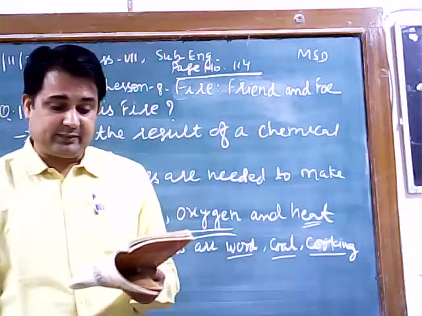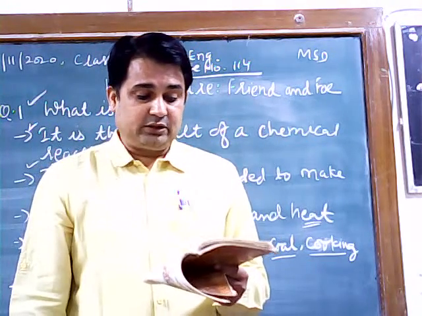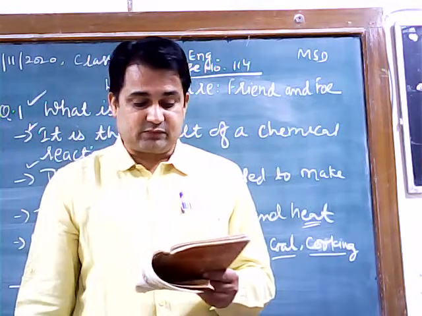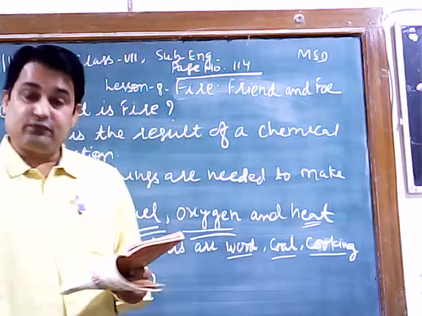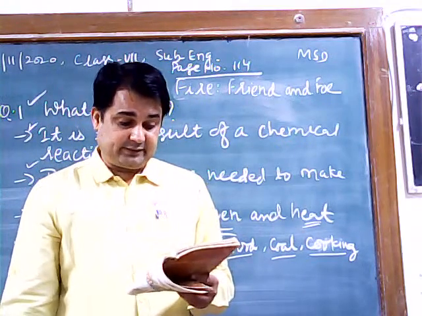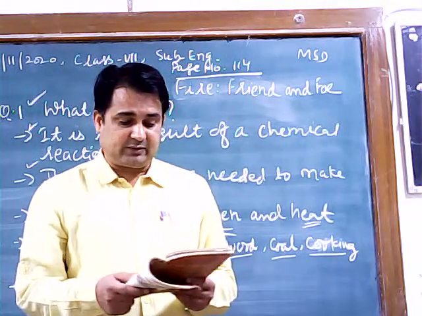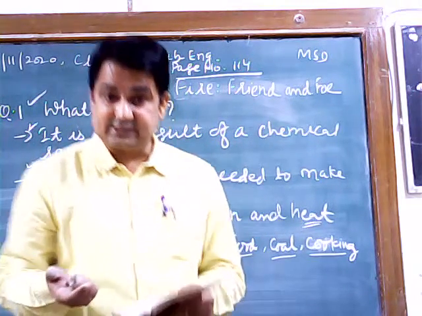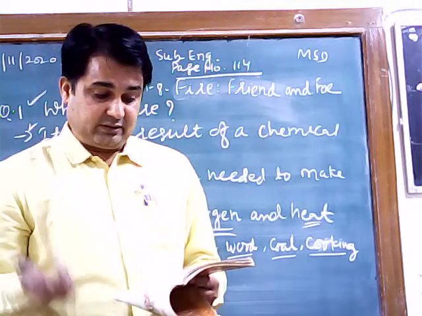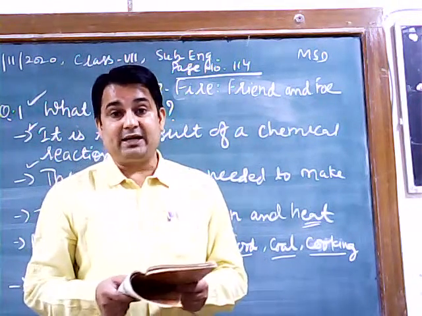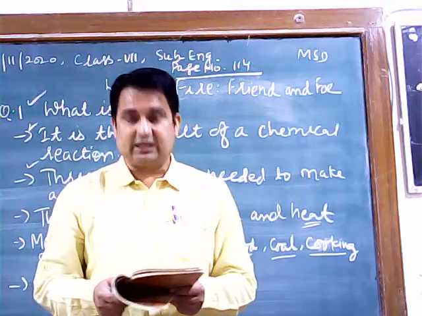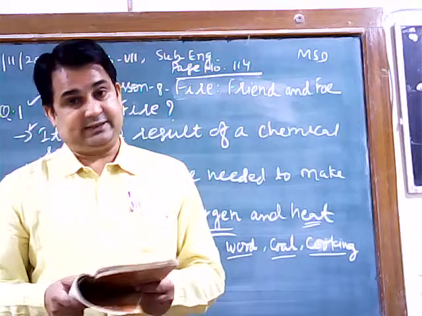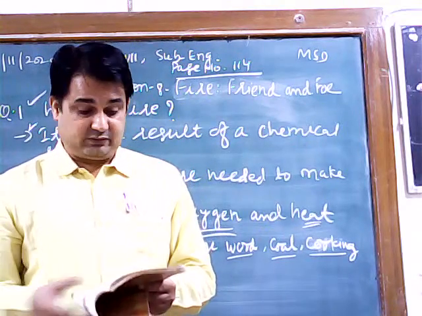Fire is the result of a chemical reaction where the oxygen in the air combines with carbon and hydrogen in the fuel. When the oxygen in the air combines with carbon and hydrogen, a chemical reaction takes place, and as a result fire also takes place.